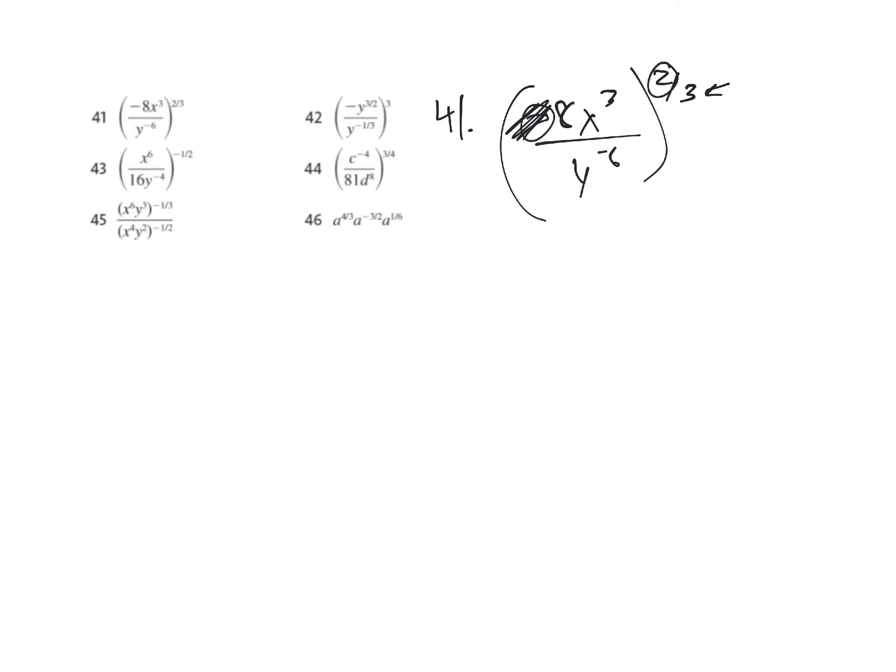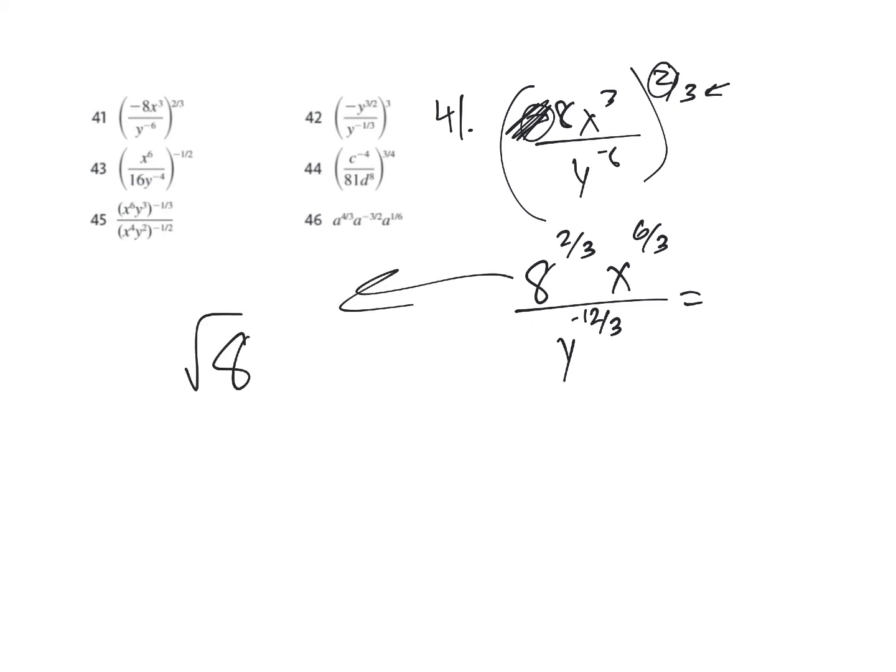Okay, so let's distribute the 2/3 through. 8 to the 2/3. X to the 3 times 2/3 is 6/3. And y to the negative 6 times 2/3 is negative 12/3. Simplifying, first, the denominator of your fraction is your root. And we know the cube root of 8, so we'll do the cube root before we square it.